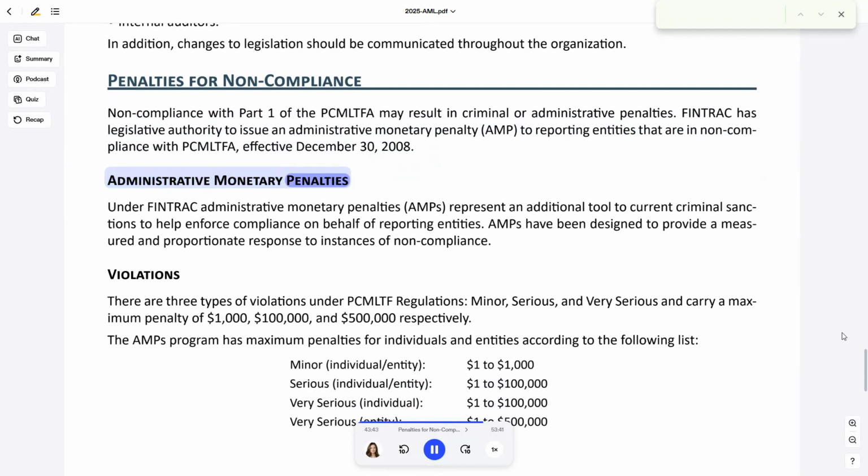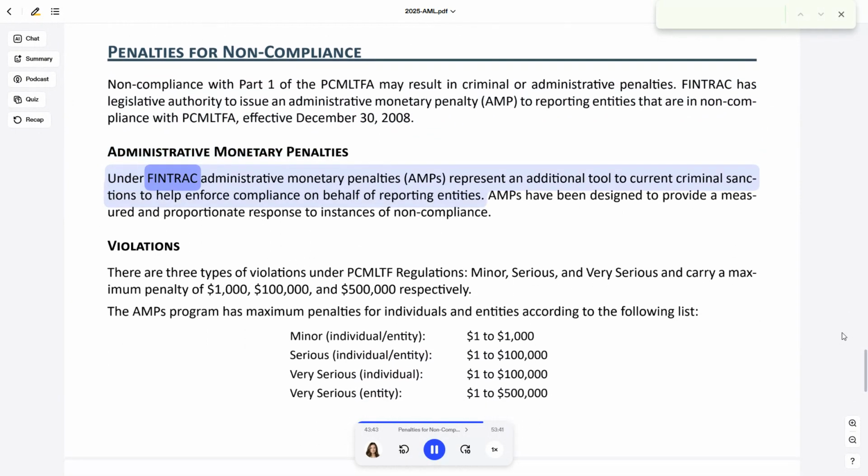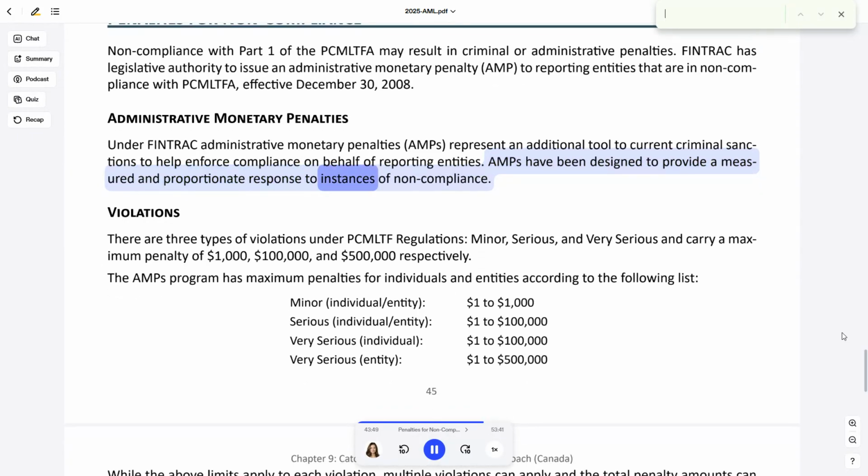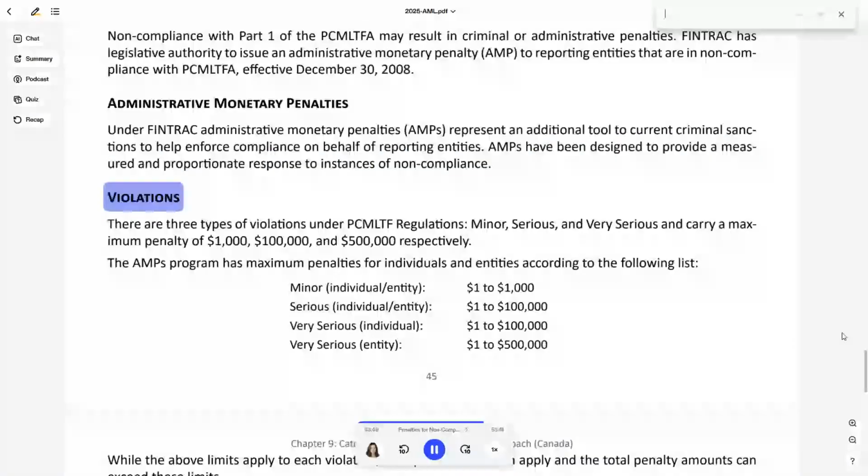Administrative monetary penalties. Under FINTRAC, administrative monetary penalties, AMPs, represent an additional tool to current criminal sanctions to help enforce compliance on behalf of reporting entities. AMPs have been designed to provide a measured and proportionate response to instances of non-compliance. Violations.